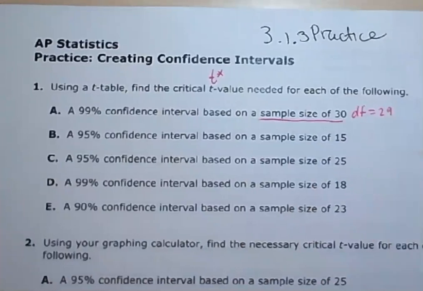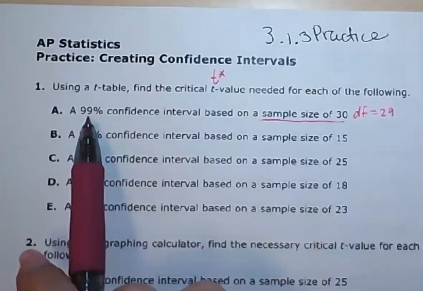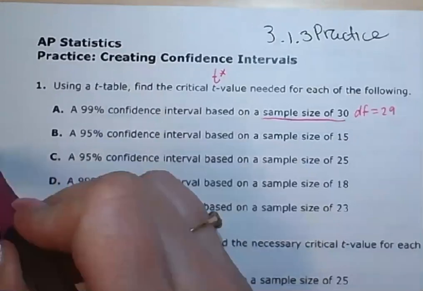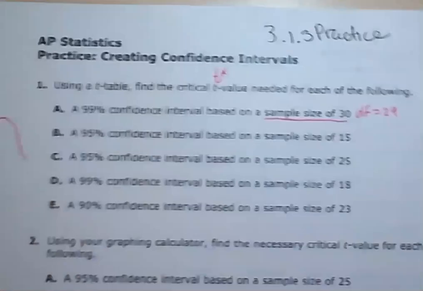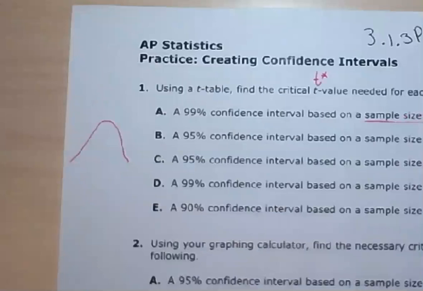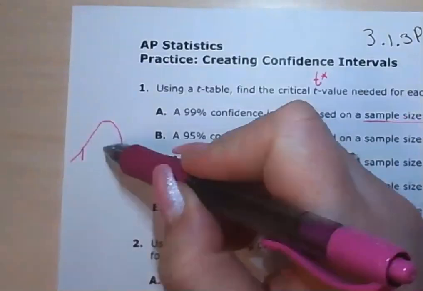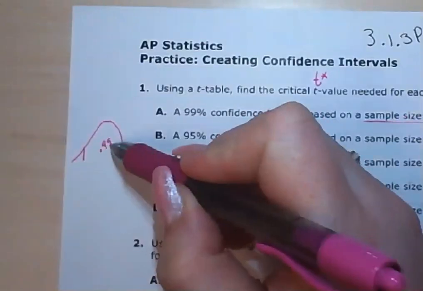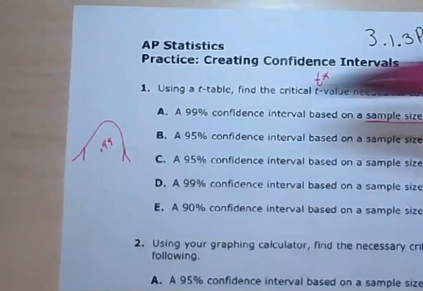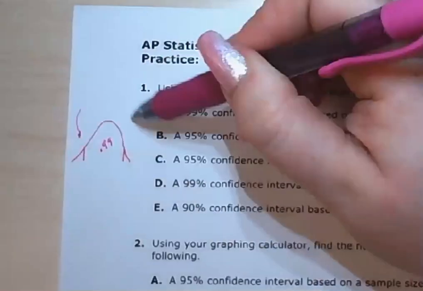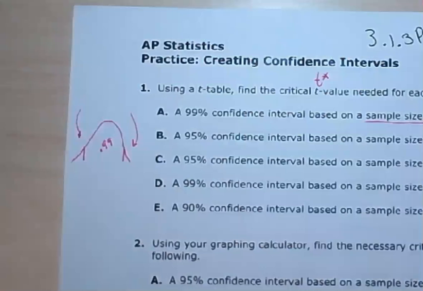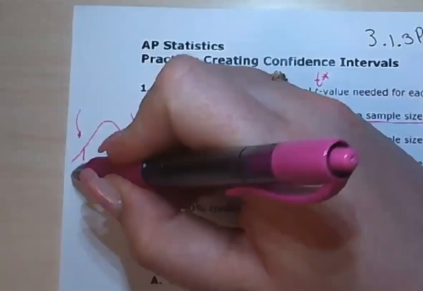And then we need to figure out our tail value. So if I want 99% of the data centered here, so between here and here is 99% of the data, 0.99, then that means that these two tails here and here have to add up to 0.01. And they have to be the same size on either end. So if I take that 0.01 and divide it by 2, I get 0.005.